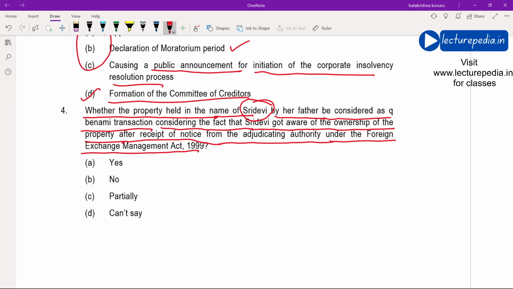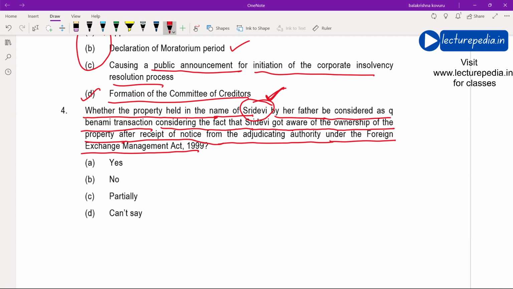Basically, in the case study, the father of this Sri Devi purchases a particular property in the name of Sri Devi, who is his daughter, and the property is also purchased from known sources only, but the daughter Sri Devi is not aware of the fact that the property was in her name.